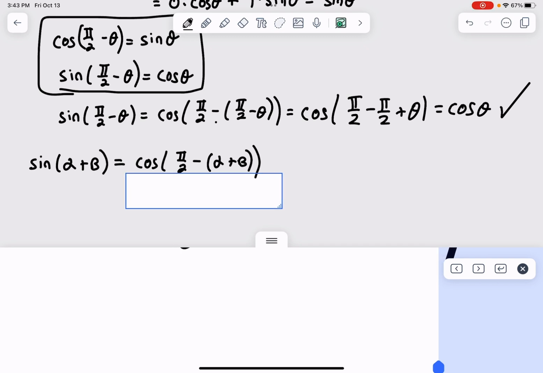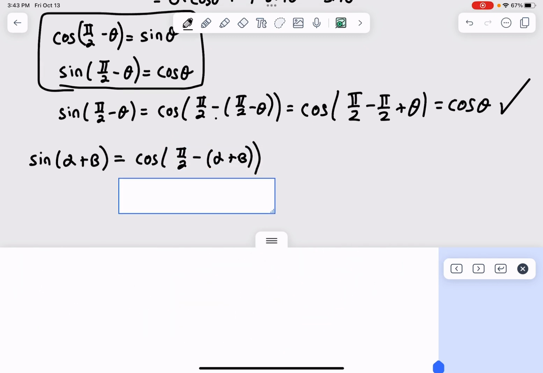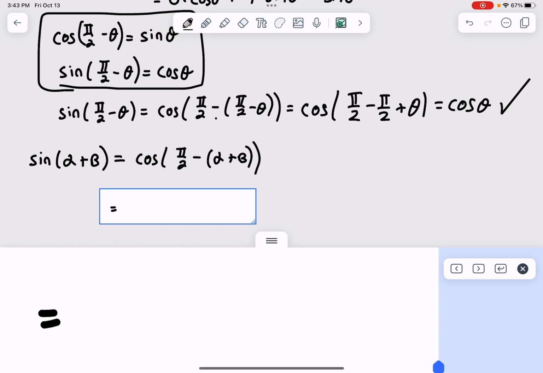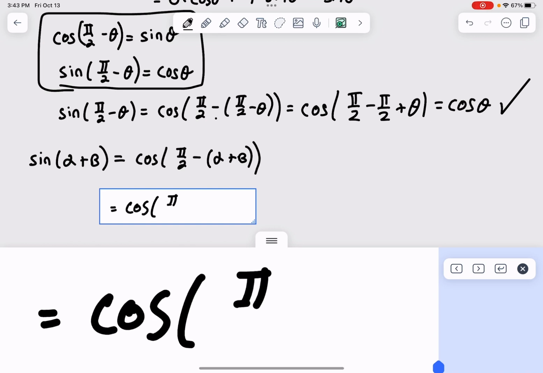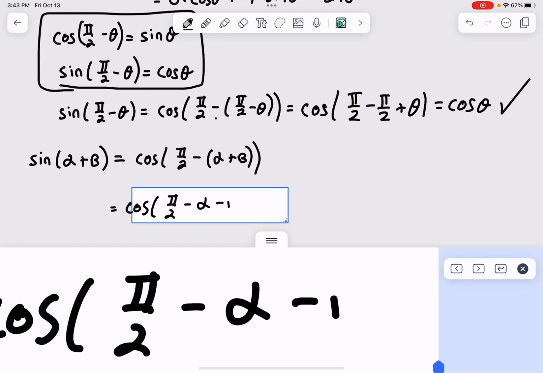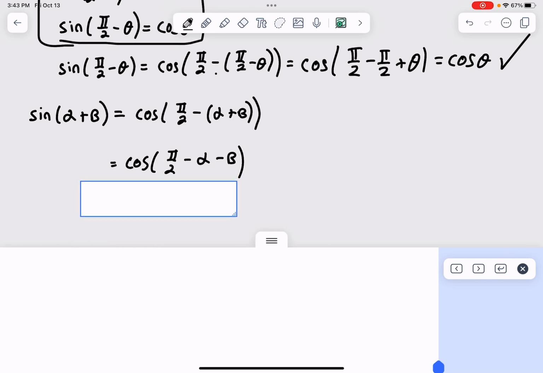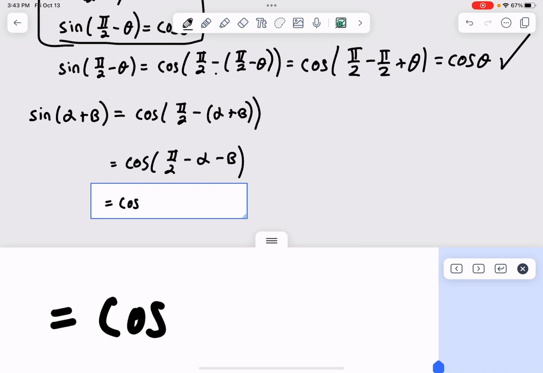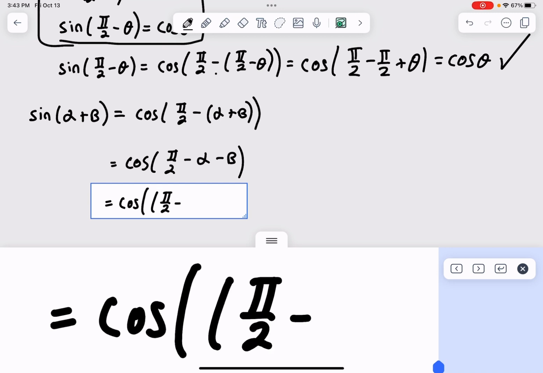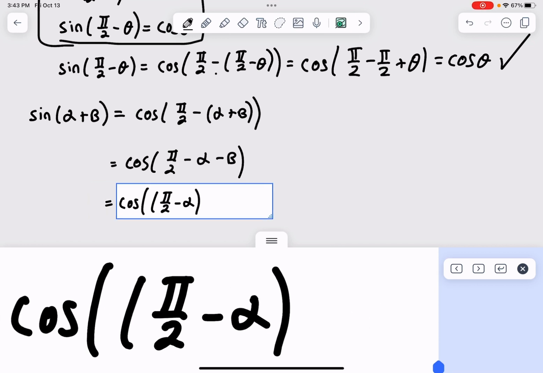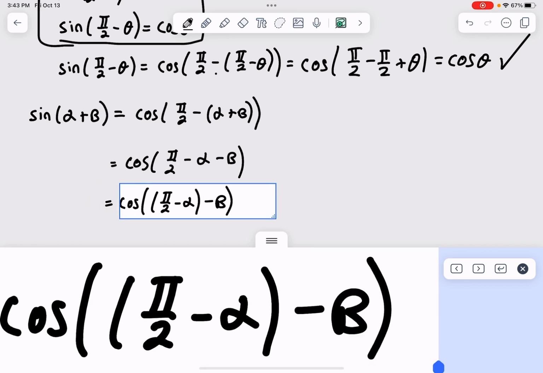So what we do here is distribute the minus sign around and regroup things. So we get cosine of pi over 2 minus alpha minus beta, and say that's the same as cosine of pi over 2 minus alpha, minus beta.